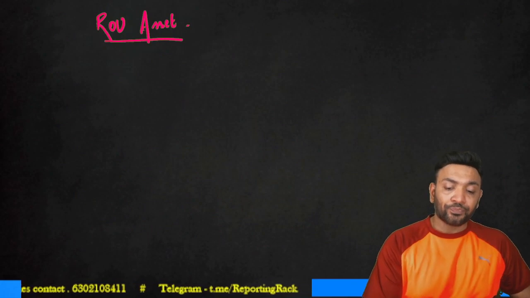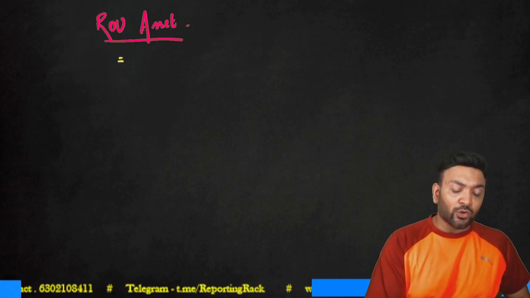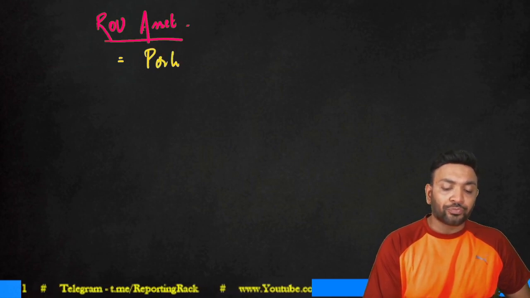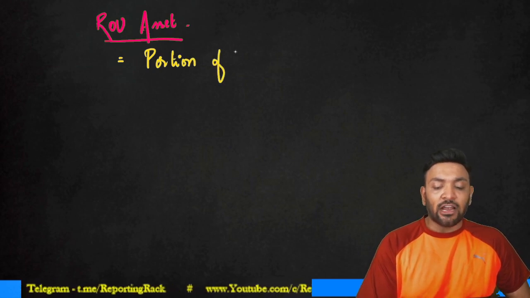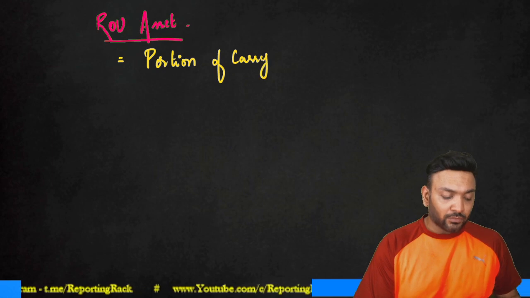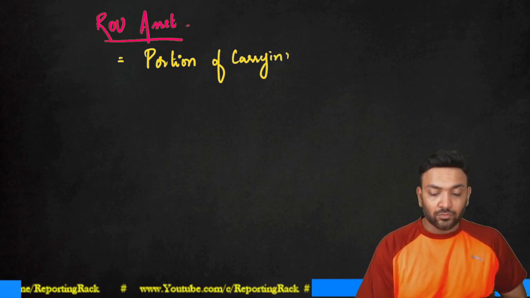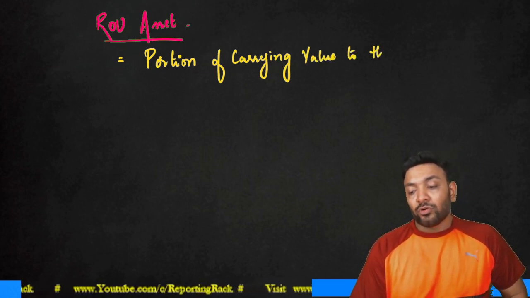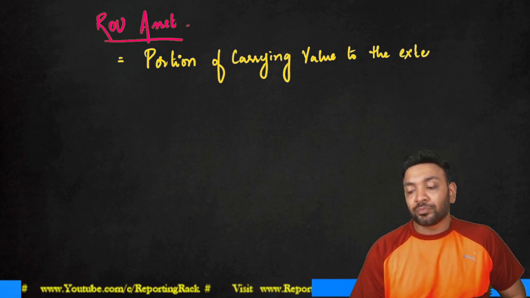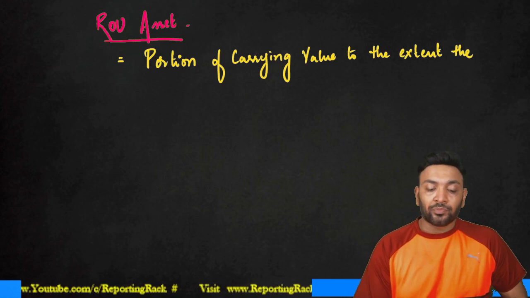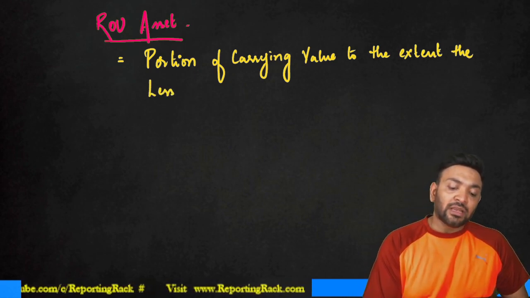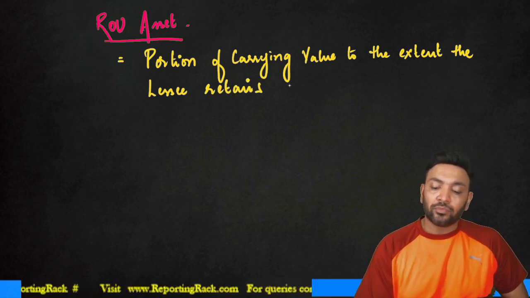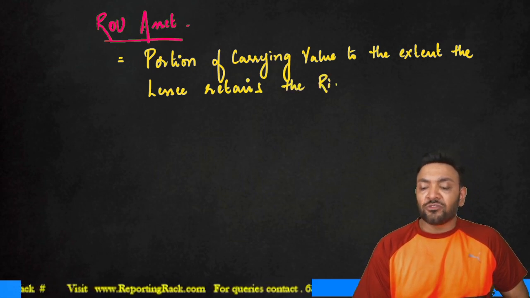ROU asset is equal to the portion of carrying value to the extent the lessee retains the right to use of asset.